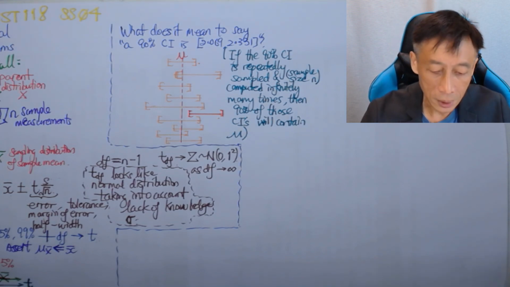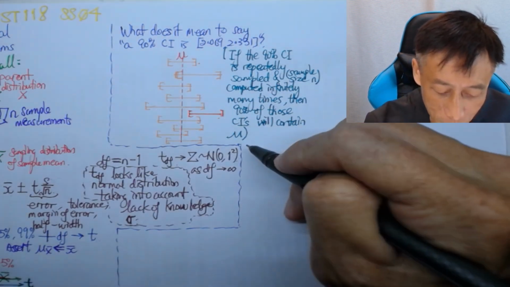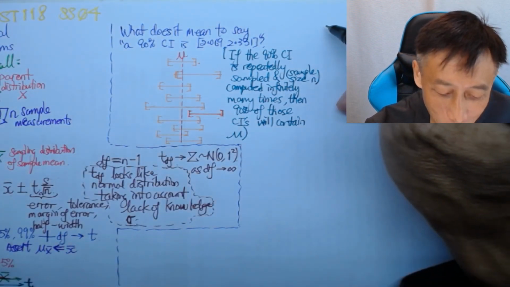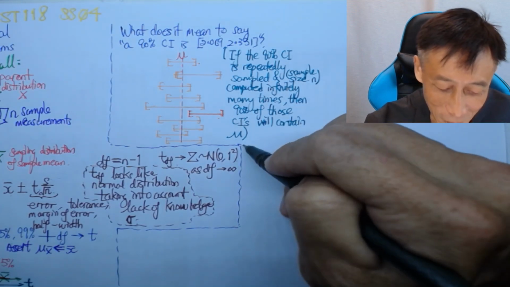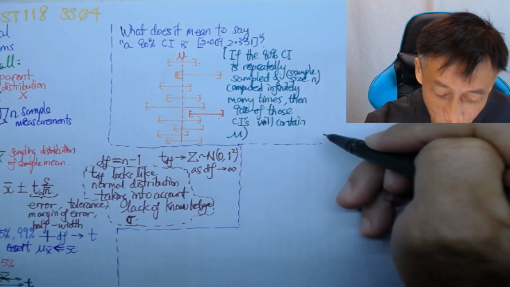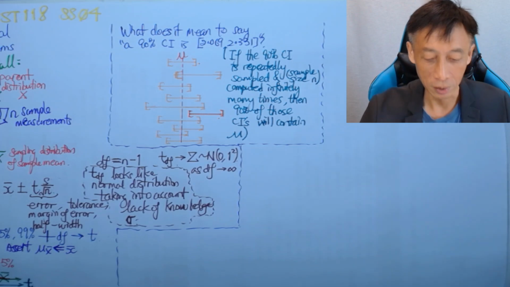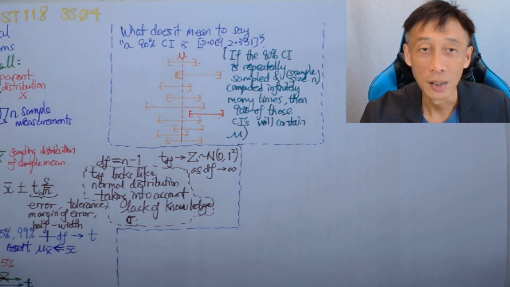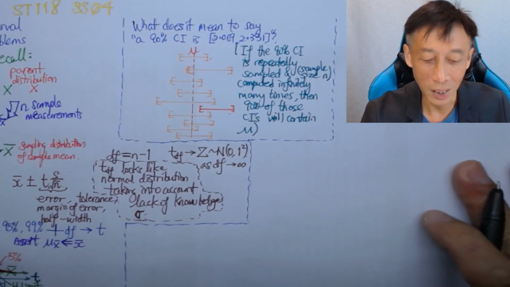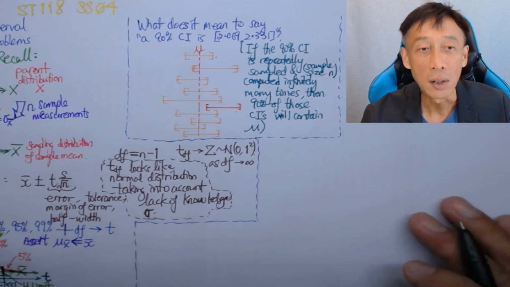Okay, next, we want to talk about the two kinds of problems. In fact, we have already covered one kind of problem. What kind of problem? Which is to forward construct the confidence interval, right? So given x bar, confidence level and sample size, construct the interval.